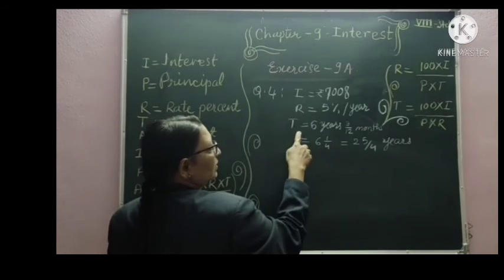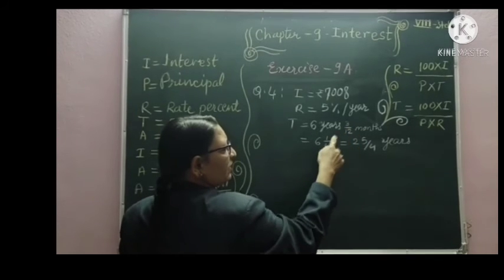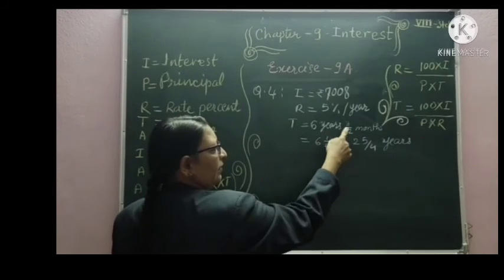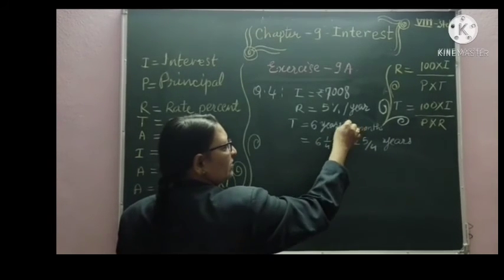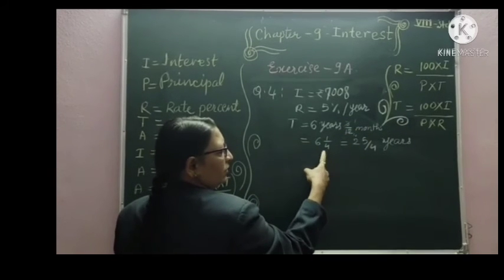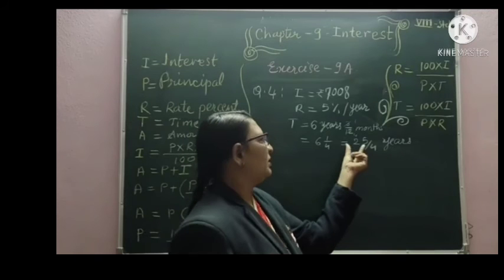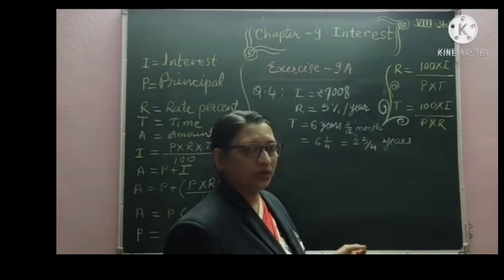Here time is given as 6 years and 3 upon 12 months. We will convert it into years. So 6 and 1/4. 3 ones are 3, 3 fours are 12. This mixed fraction we converted into an improper fraction, that is 25 upon 4 years.